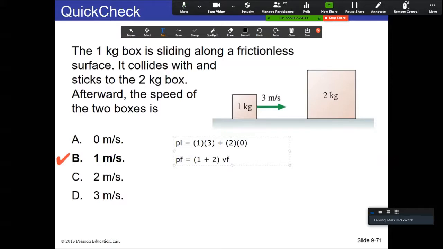So it's not surprising that our speed ends up as exactly a third of what we originally had. Again, I mentioned last lecture there's a proportionality that you can use a lot of times with these problems, and you can see how it works here. But conservation of momentum allows you to set these two equal to each other, and you solve for V final. That's how you get your 1 meter per second.